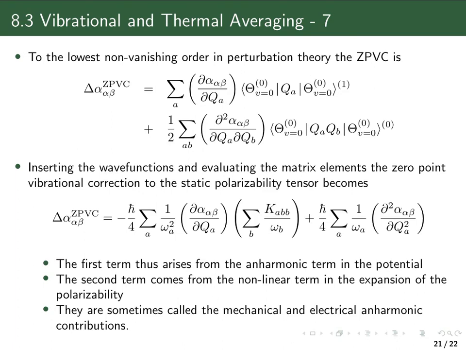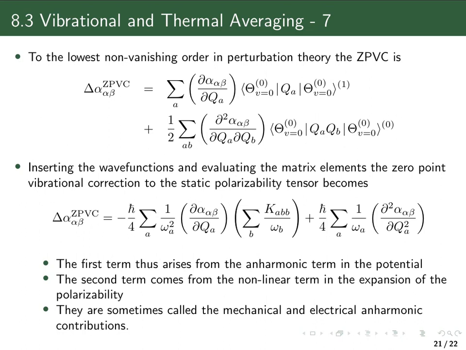The vibrational correction to the polarizability, in our case now the zero-point vibrational correction, so for 0 Kelvin. And we had two terms, so we stopped the expansion after two terms, and the first one was with the first derivative of the polarizability with respect to normal modes, and then the integral over the one normal mode with the vibrational ground state wave function, and then the second derivative of the polarizability and the integral over a product of two.